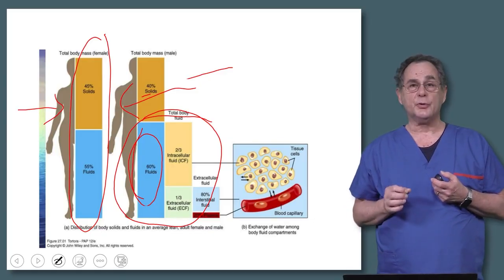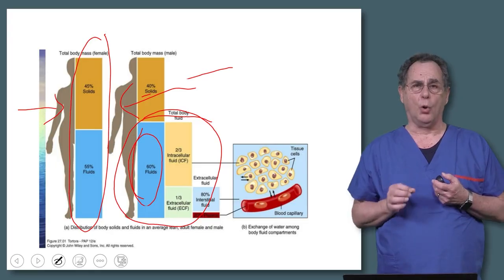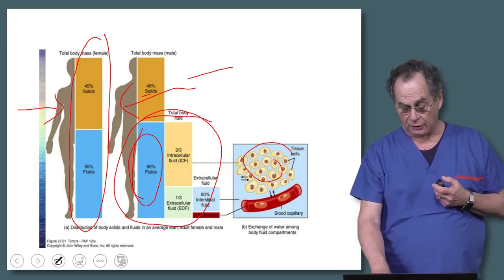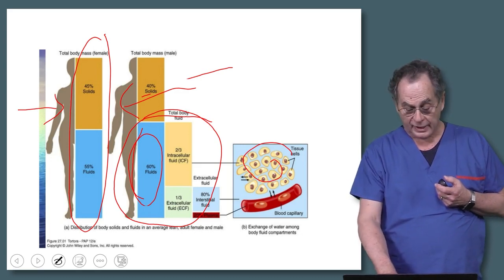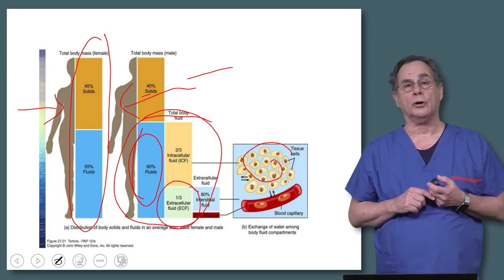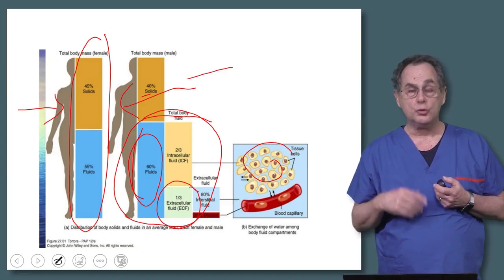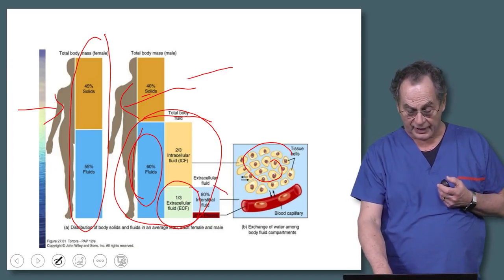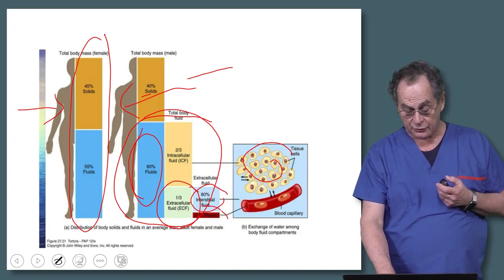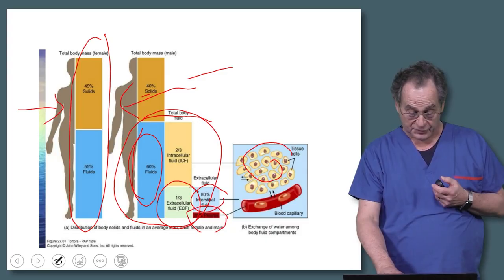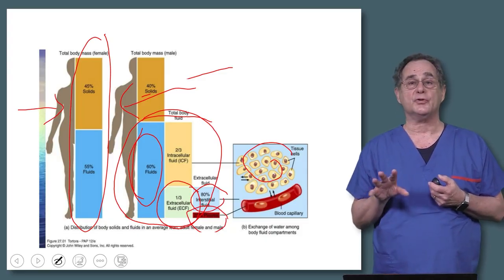So 60% of the total body weight is water, and 2/3 of that water is retained within cells. And we look here, 1/3 of that water is outside of cells. And what are the two compartments outside of cells? The interstitial space and the intravascular space. So that represents about, in this particular example, 80 and 20%.